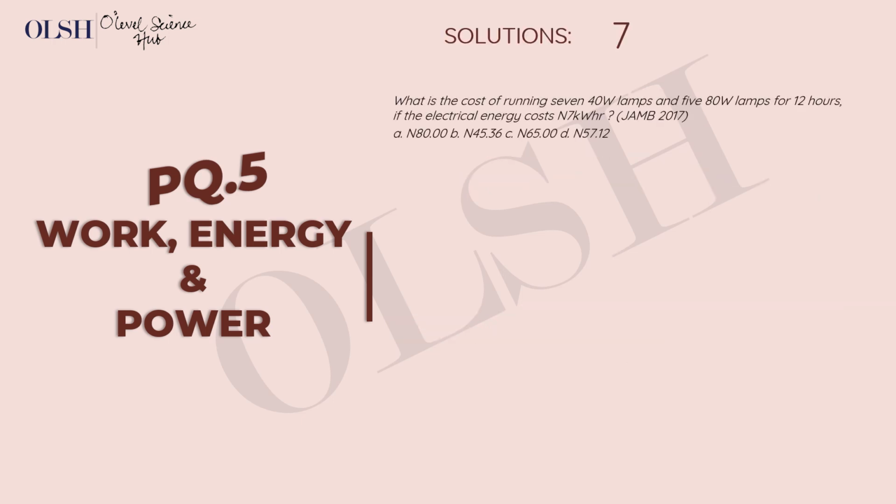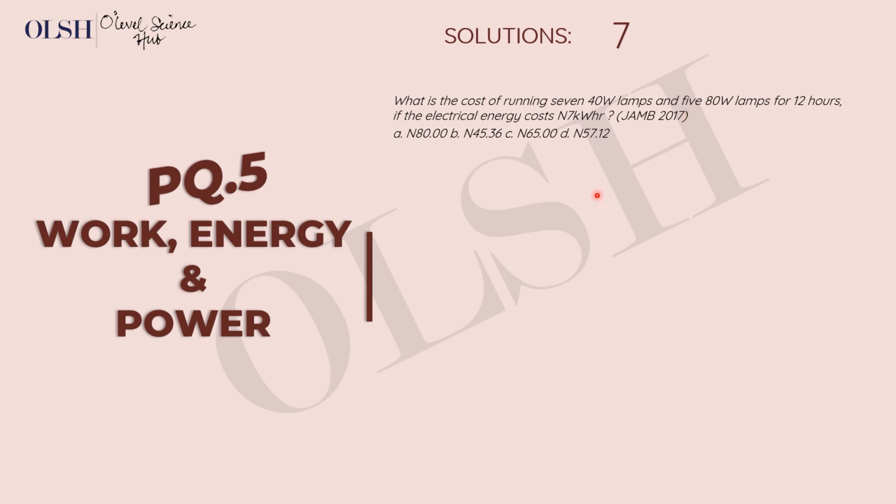So we'll go to question number 7. What is the cost of running 7 40-watt lamps and 5 80-watt lamps for 12 hours if the electrical energy cost is 7 naira per kilowatt hour? Okay, so basically what we need to do here first of all is find how much this house would spend running 7 40-watt lamps and 5 80-watt lamps.